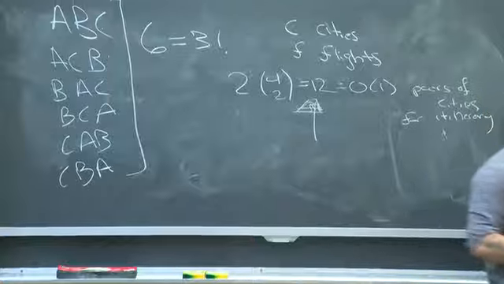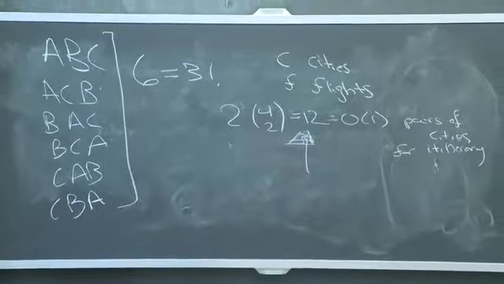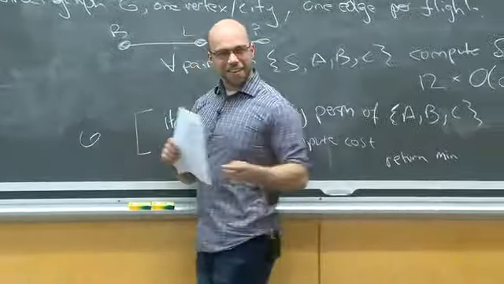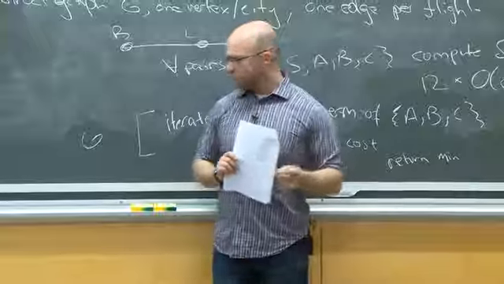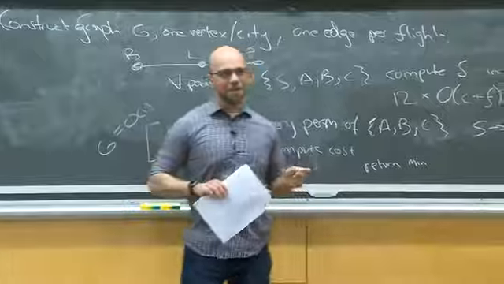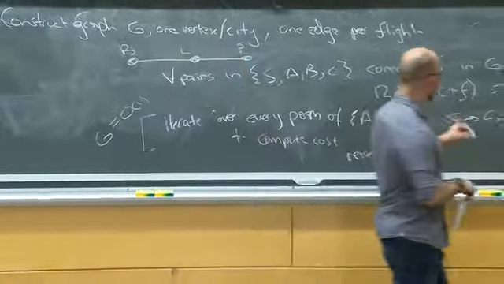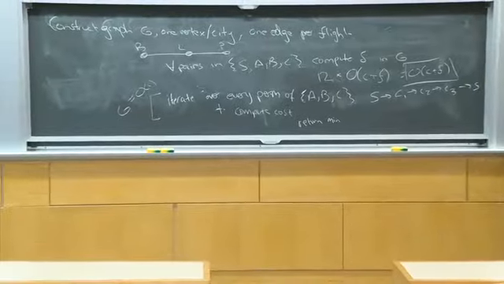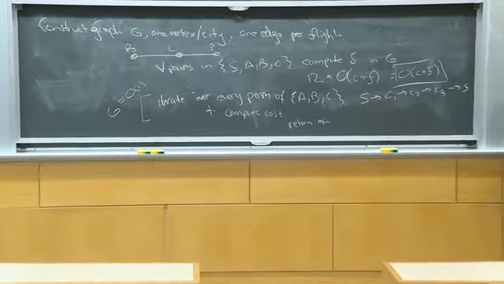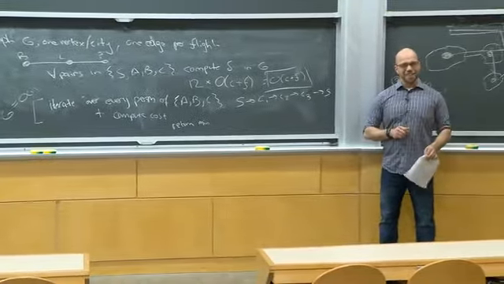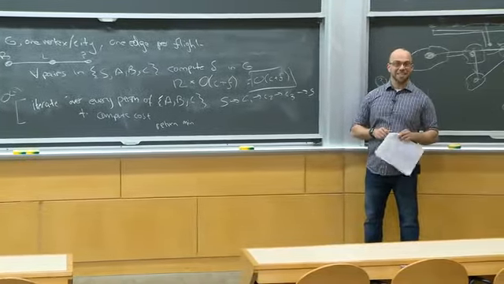So at the end of the day, this for loop is going to take order 6 time, which of course is just order 1, so it doesn't really contribute to our runtime at all. And our entire algorithm runs in C plus F time. So this is one of these problems where you're really taking advantage of the constants that we gave you. We said you're visiting 3 cities, so use it.